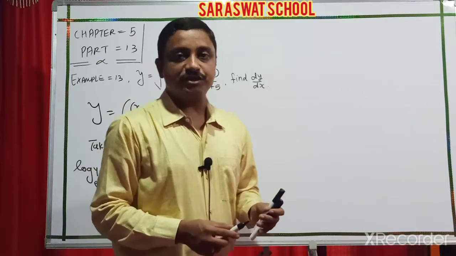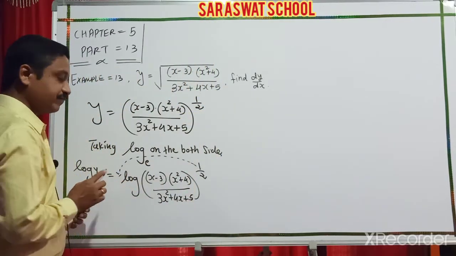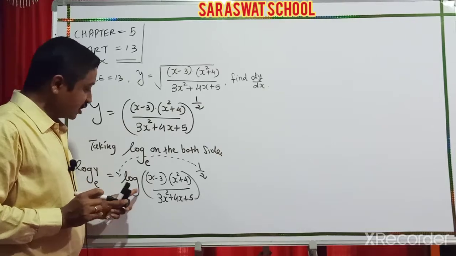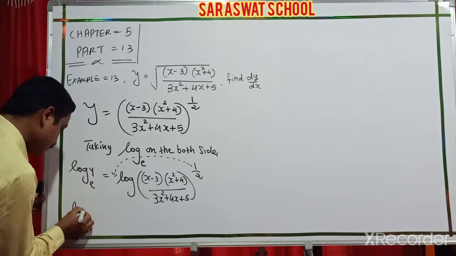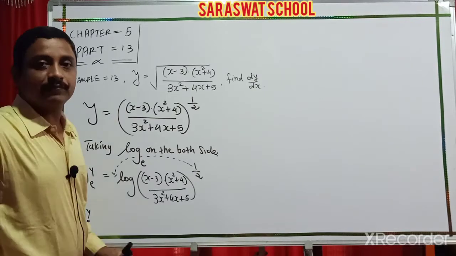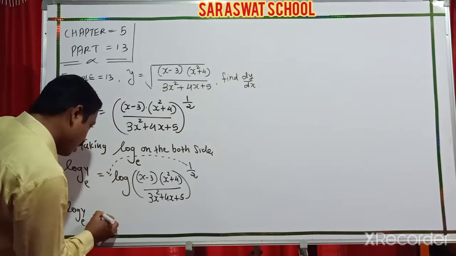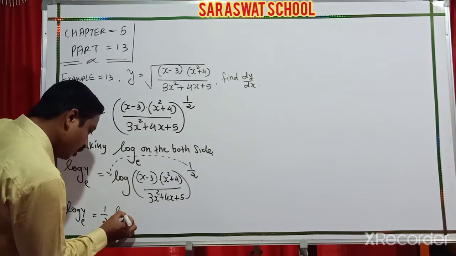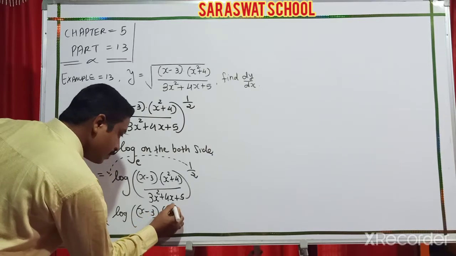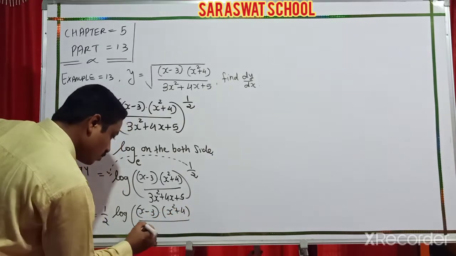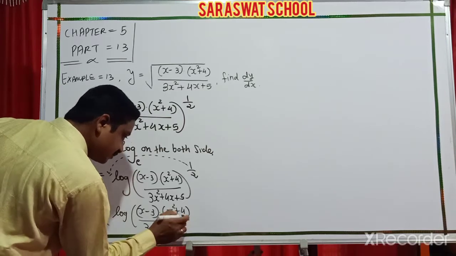Now students, this half power you just bring outside, and for the internal function apply the properties of logarithm. So log y is half log of this, as it is: x minus 3, x square plus 4, and 3x square plus 4x plus 5.